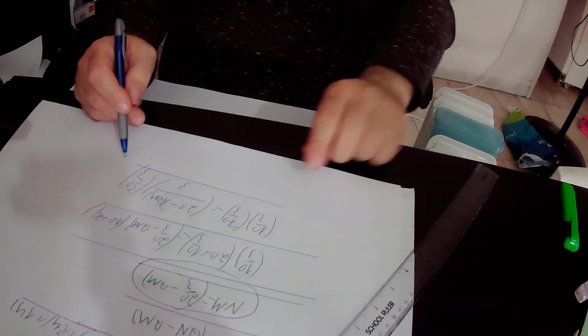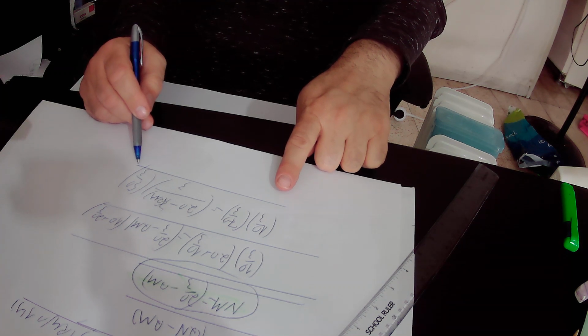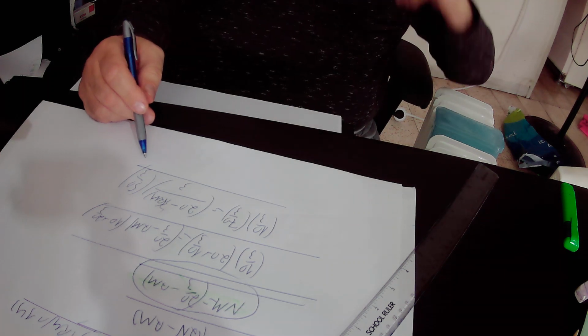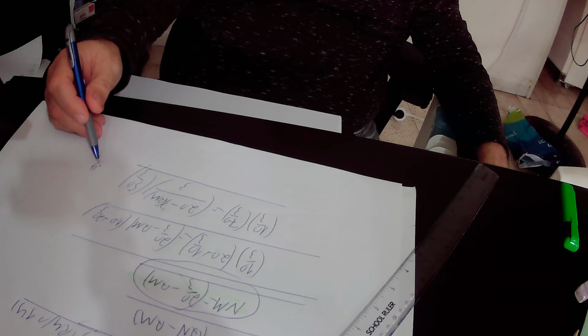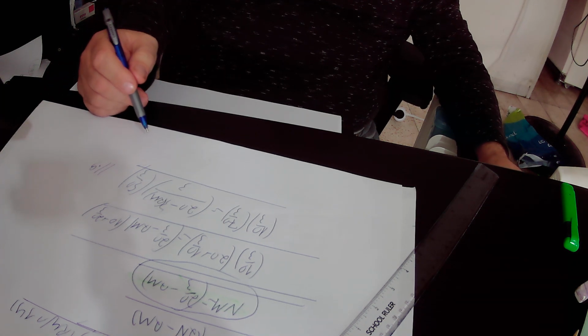Here on both sides of the equation we have 3 times 3 in the denominator, that is 9. Therefore we multiply this equation by 9 in order to cancel the denominator 9.